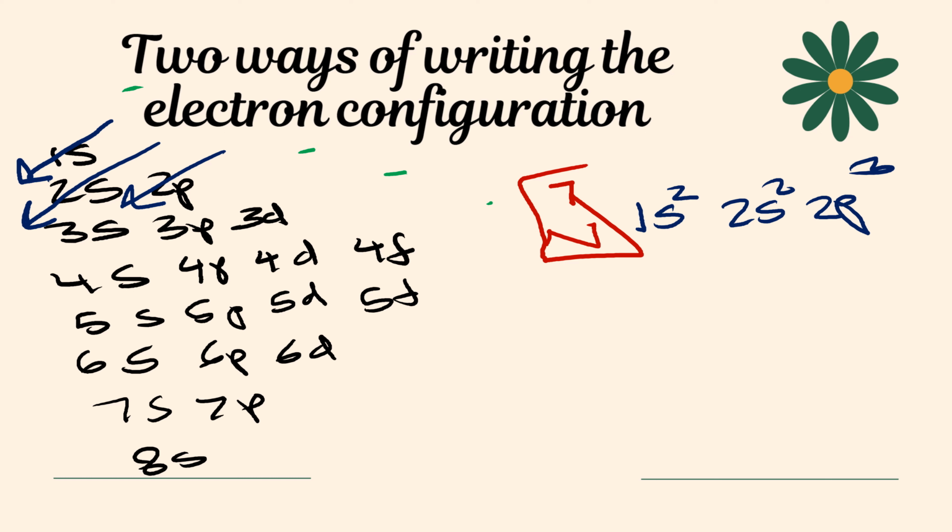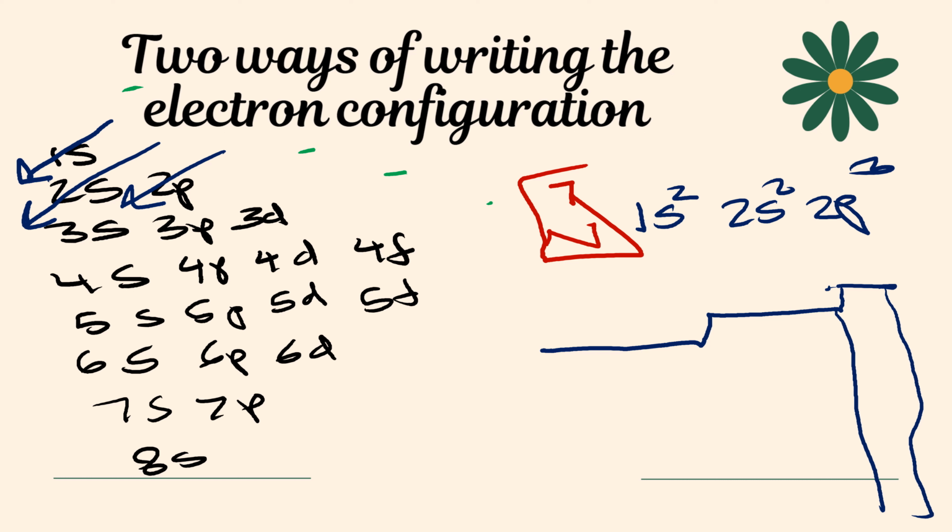And we have another type of electron configuration called the noble gas electron configuration. It is written by using one of the noble gases. If you look at the periodic table, we have He, helium, and so on.